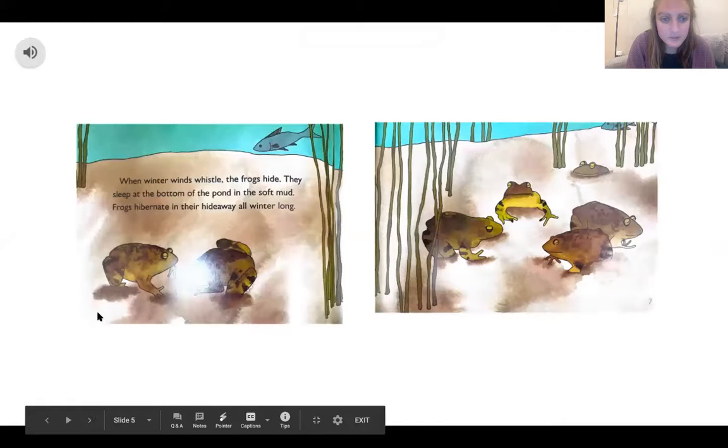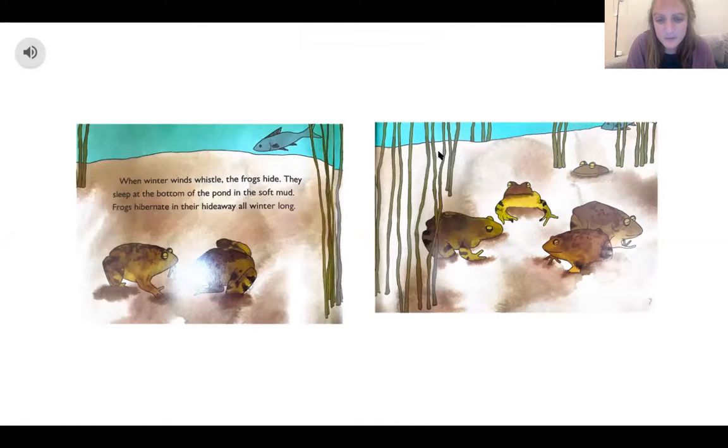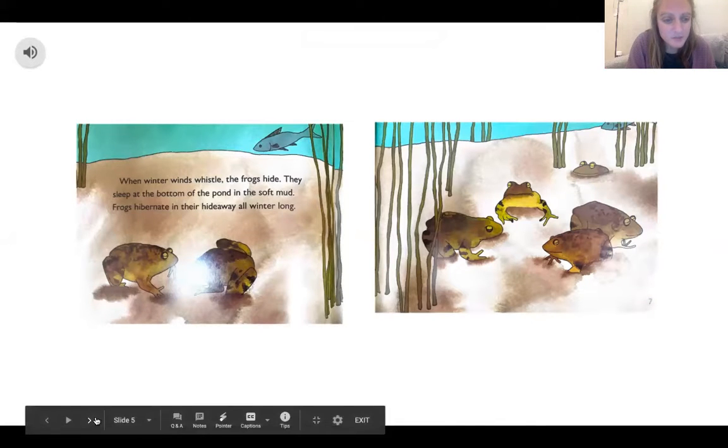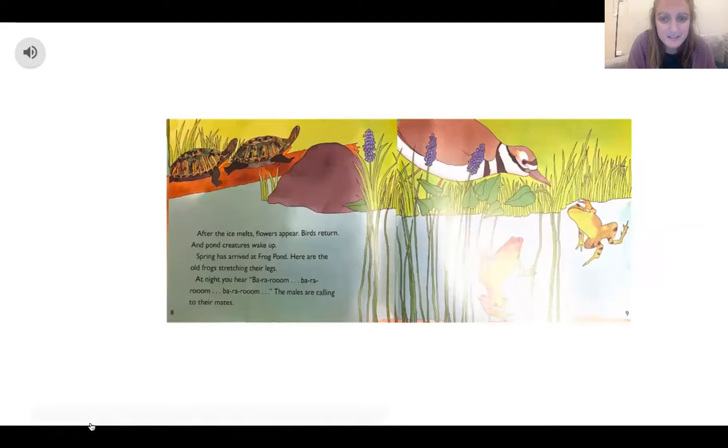Ooh, here's a picture of the frogs hibernating in the mud with some of the underwater grasses. This could be an option for how to represent where the frogs live in their habitat.